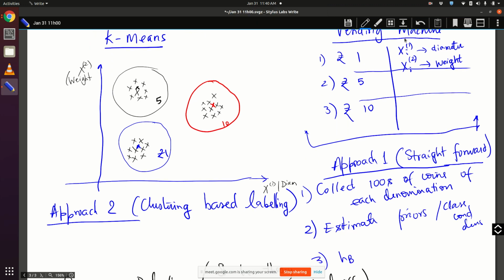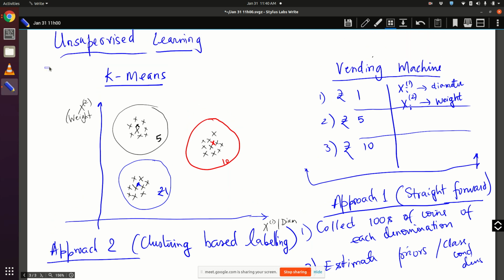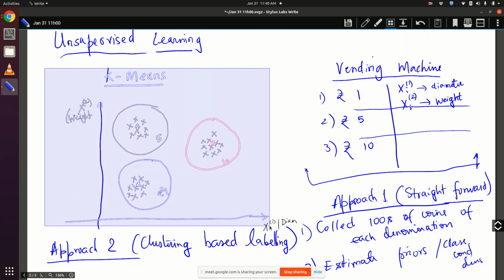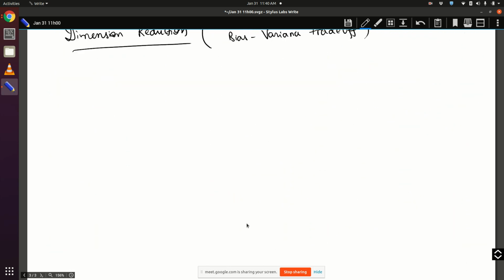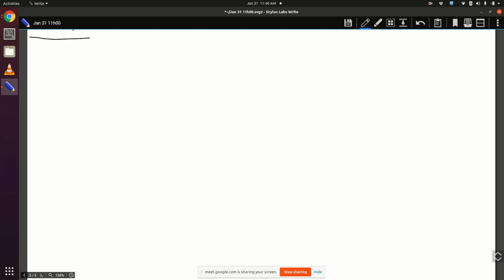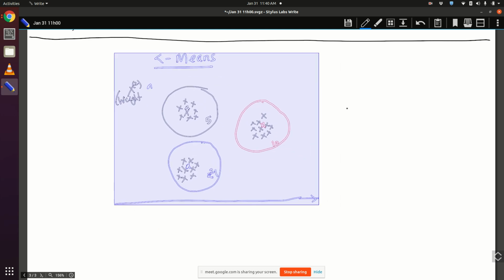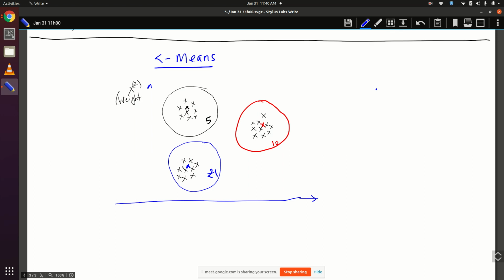So let's try to solve the k-means problem. How to do this k-means? Let's remove all these.